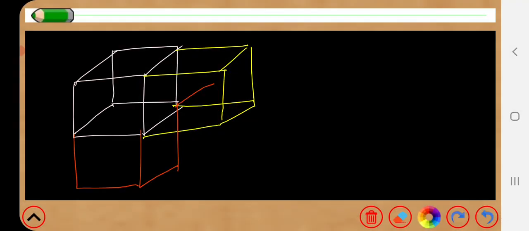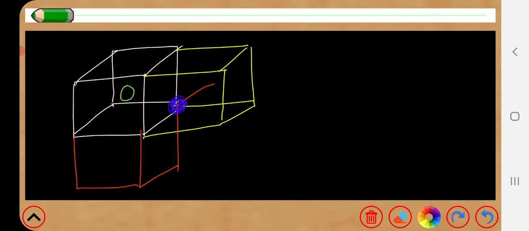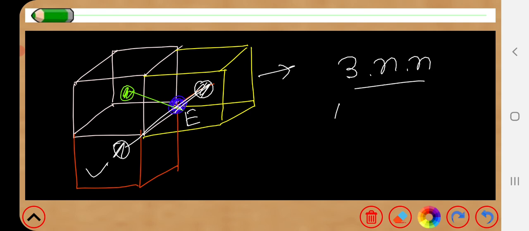So if I consider this atom, which is the E atom, for this unit cell we get one at the middle, this is the nearest neighbor, and for this unit cell there is another middle atom, so this is also nearest to this E atom, and for this unit cell we get another atom. So for these three unit cells we get three nearest neighbors for the E atom.